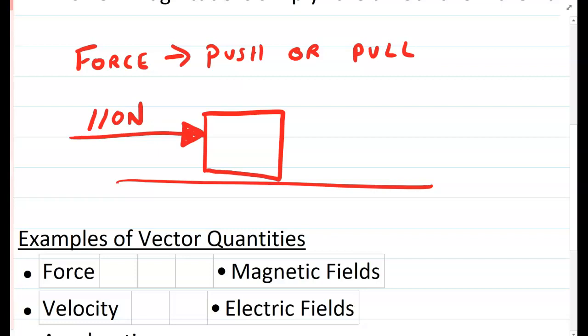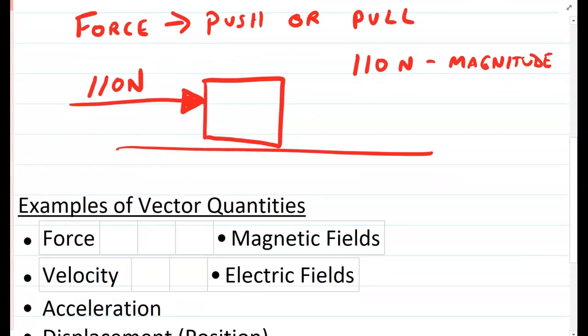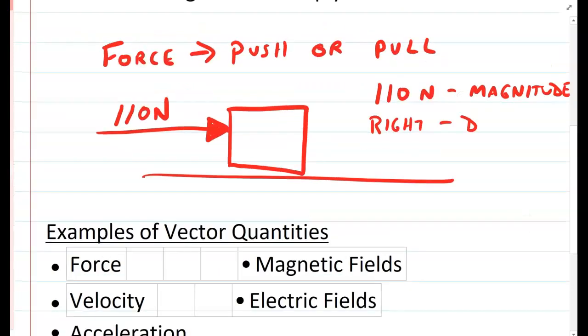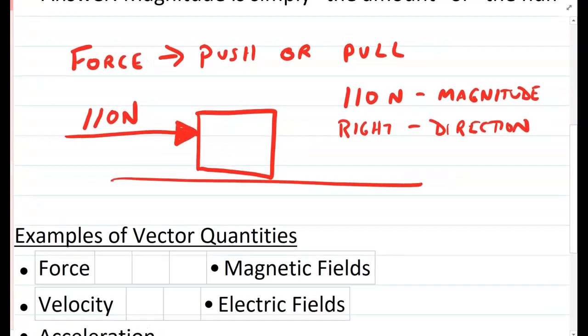The 110 newtons, that would be magnitude. And look which way this arrow is pointing that I drew. It's pointing to the right. So right would be the direction. Does that make sense? So to the right would be the direction.